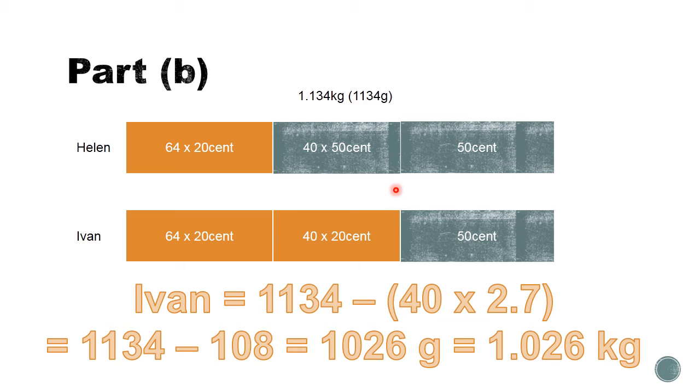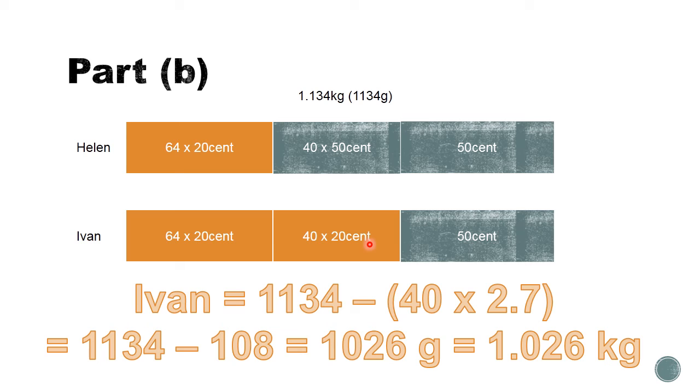Now, who will actually be heavier? If we think about it, we know that 50 cent is heavier, and Helen has more 50-cent coins than Ivan. So actually, Helen has a heavier mass. Ivan's mass will be less.